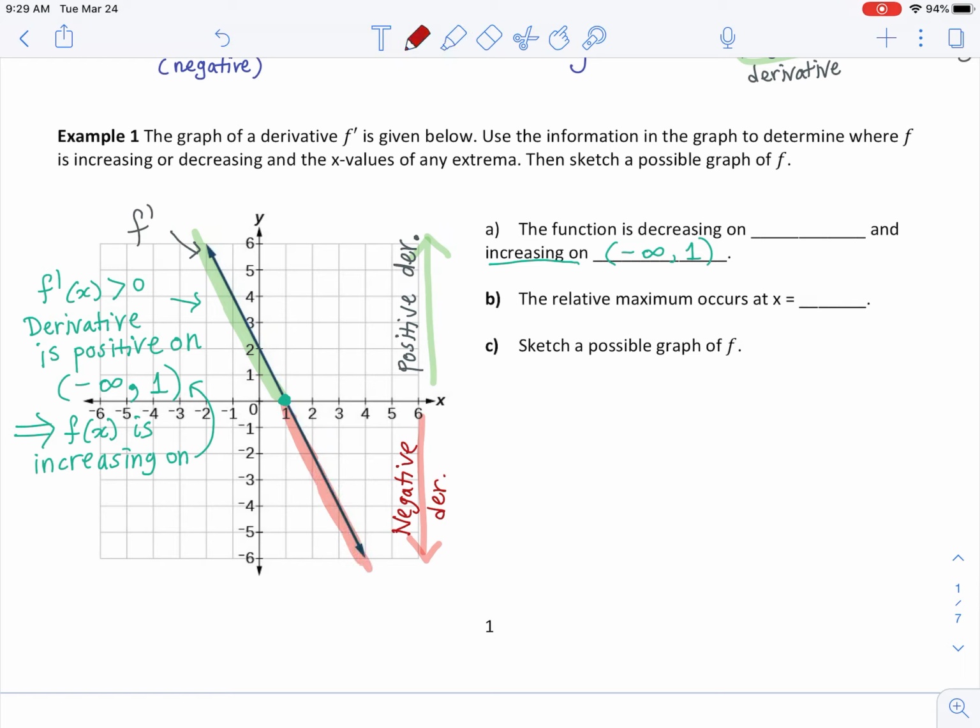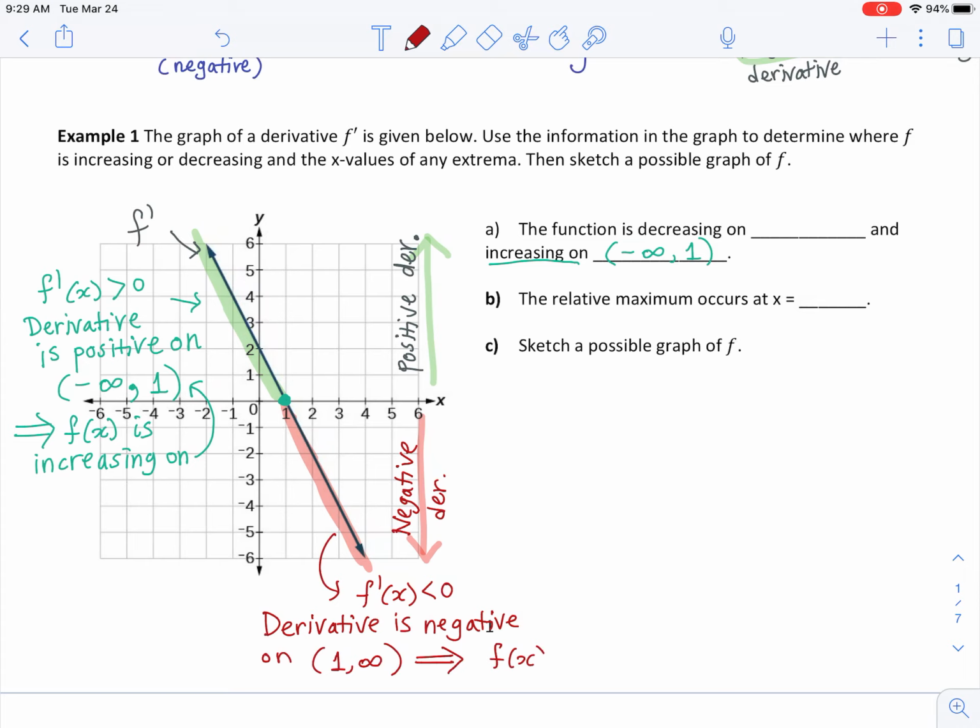Below the x-axis, what I'm highlighting in red right there. Now notice, guys, this is where f prime of x is negative, right? That means that the derivative is negative on the interval from positive 1 to infinity.